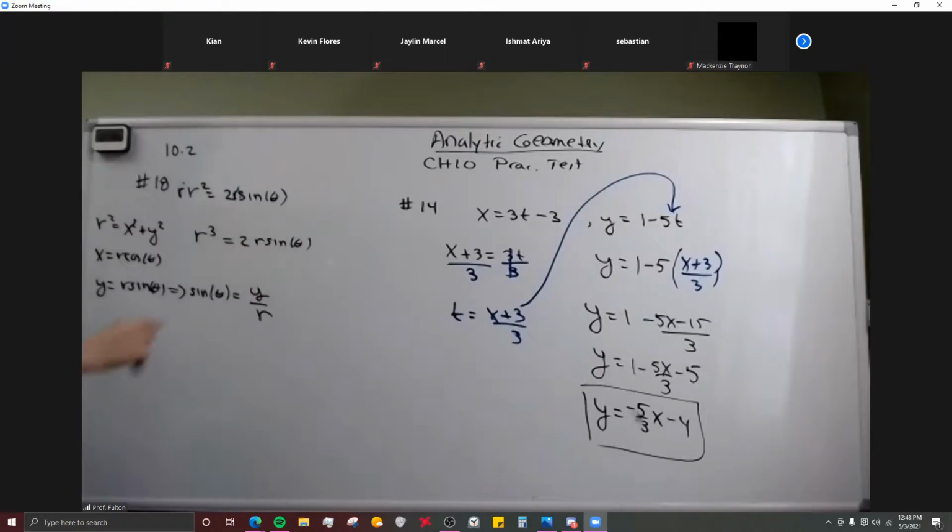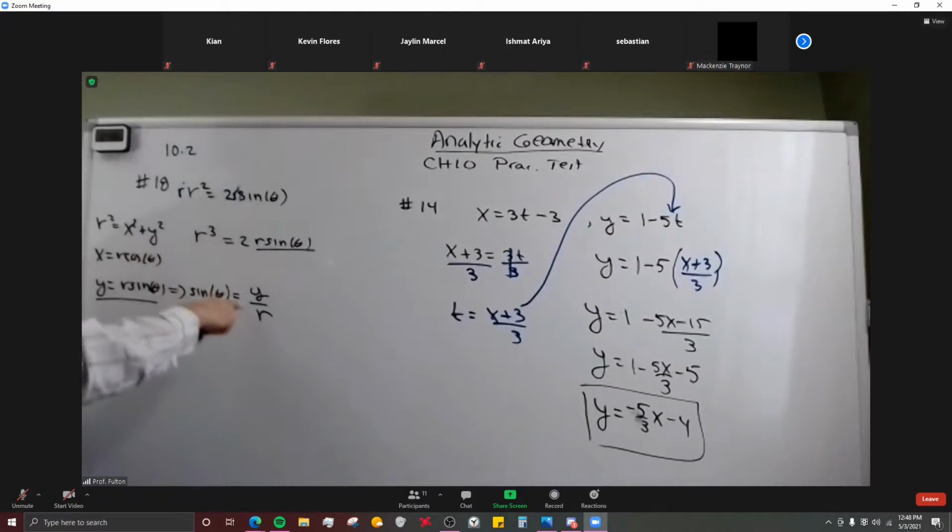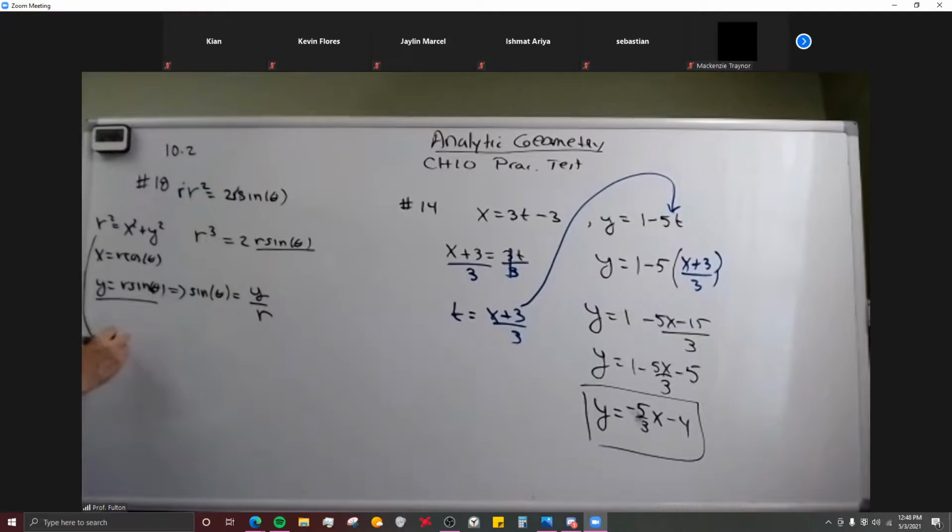Okay. So what happens? Well, that r sine theta is y. And my r, remember what r is: r is equal to the square root of x squared plus y squared. So I can plug that in over here.